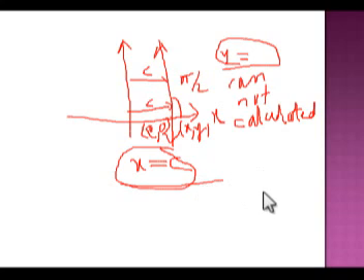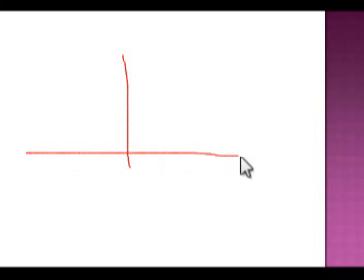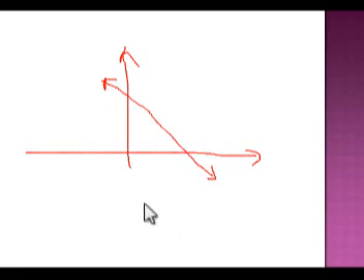Now if we take another form, a straight line can intersect y-axis as well as x-axis. If such kind of case happens, then what will we do? Take this kind of straight line. Here one straight line intersects y-axis as well as x-axis.